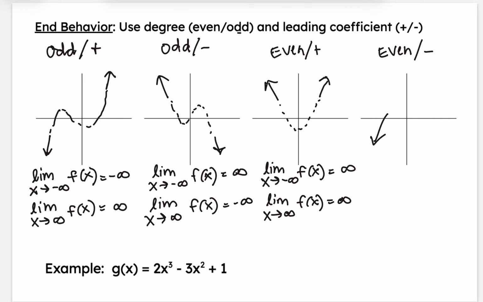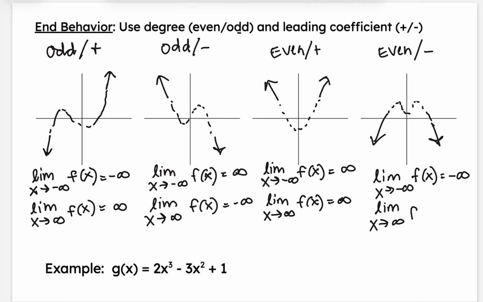Even and negative would be maybe something like that. So the limit as x goes to negative infinity of f of x would be negative infinity, and the limit as x goes to positive infinity of f of x is also negative infinity.